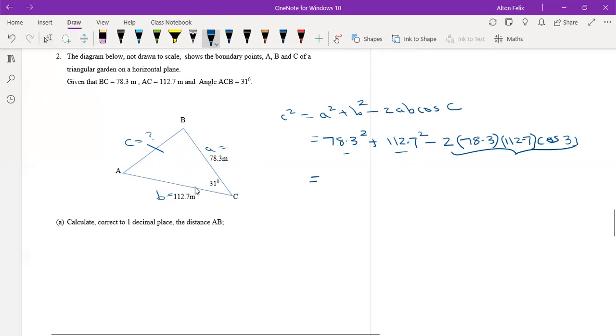So we subtract in here 15,128. Let's go back to the calculator now. We're going to square our 78.3. Let's see what the answer is. 78.3 square is 6,130.9.